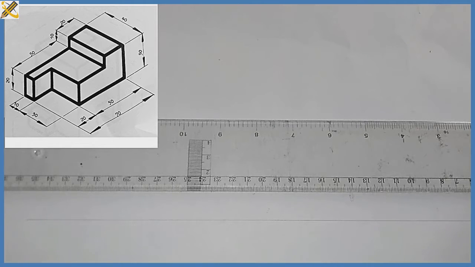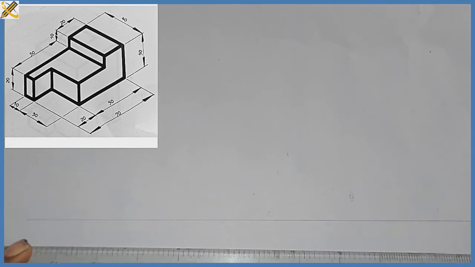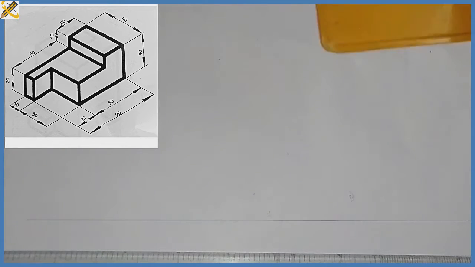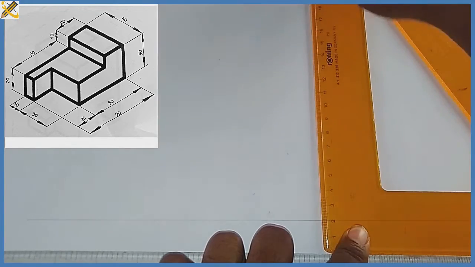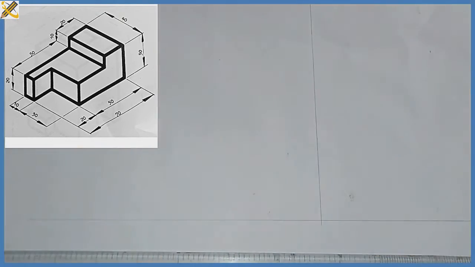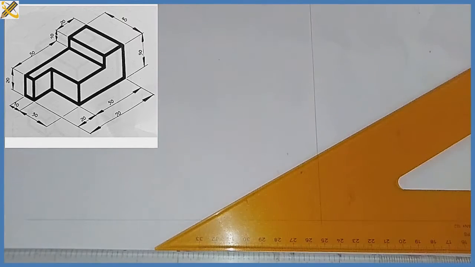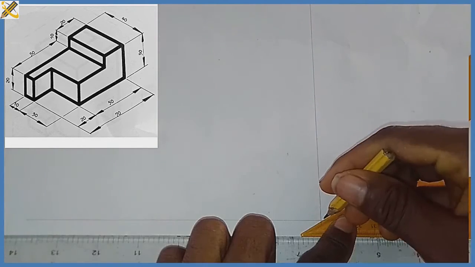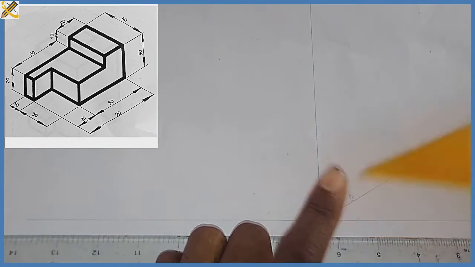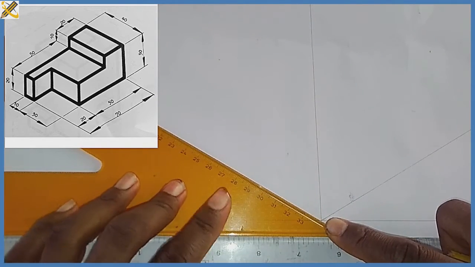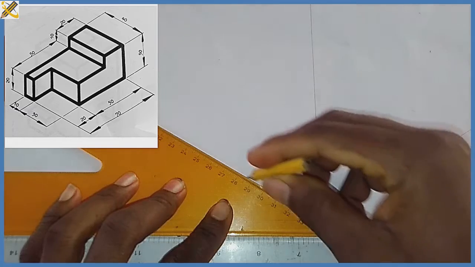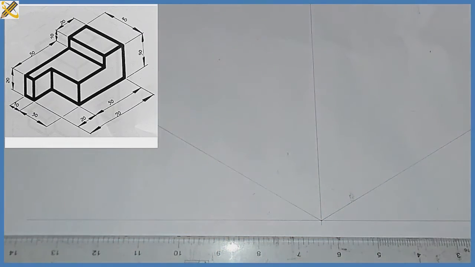Okay, so to produce the object on the screen right now, the very first thing we are going to do is to produce a vertical line in this manner. After producing this vertical line, the very next procedure is to pick our set square, align it in this manner and produce our line at 30 degrees to the horizontal, which is the isometric plane. Then towards this axis also, I produce it at 30 degrees to the horizontal, the isometric plane.